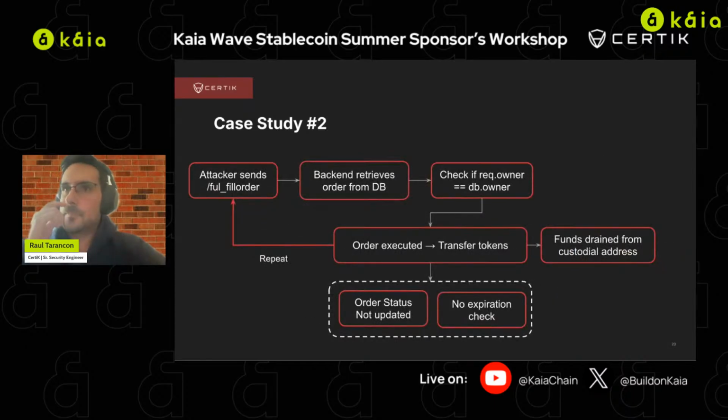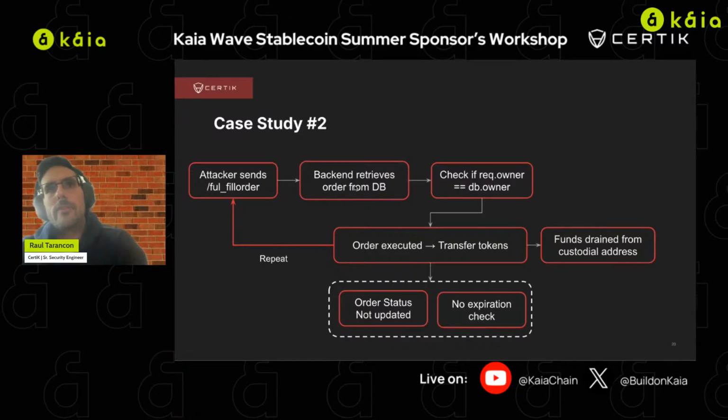So I made this diagram flow for better understanding. The attacker creates the order and sends this request to the fulfill order endpoint to execute the order.